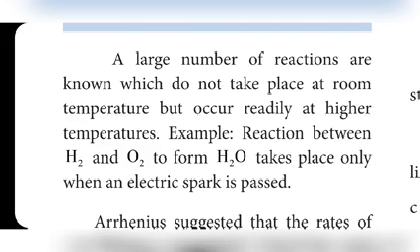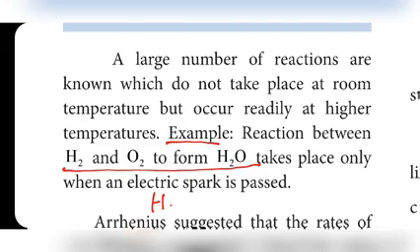In the next page, a large number of reactions are known which do not take place at room temperature but occur readily at high temperature. Usually it won't take place at room temperature, that is normal temperature, but the same reaction will take place at a higher temperature. For that, an example is given, the reaction between H2 and O2.